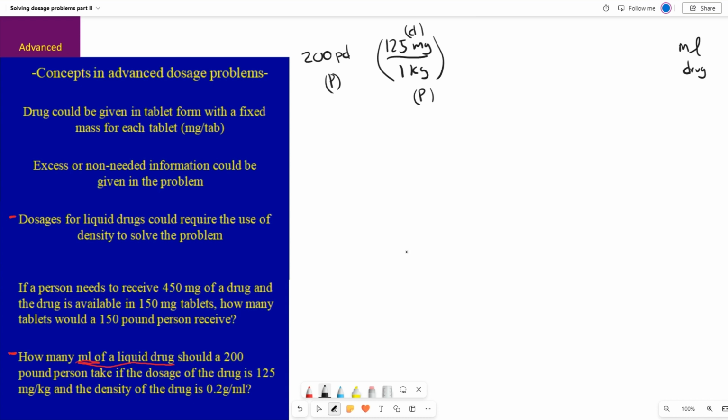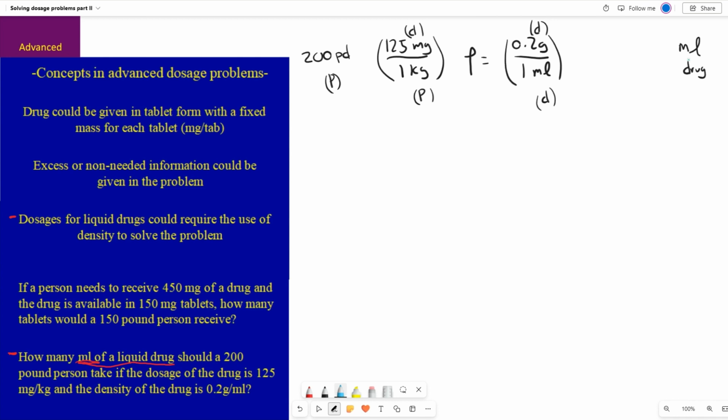And then we're given the density of the drug as being 0.2 grams per 1 milliliter. And this is mass of drug, and this is volume of drug. Okay, so we're being asked to find volume of drug over here in milliliters.